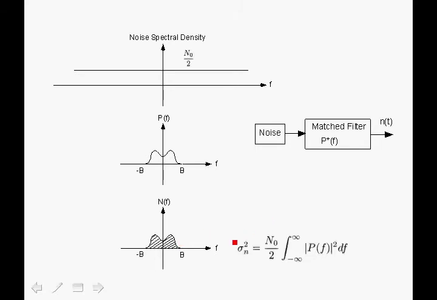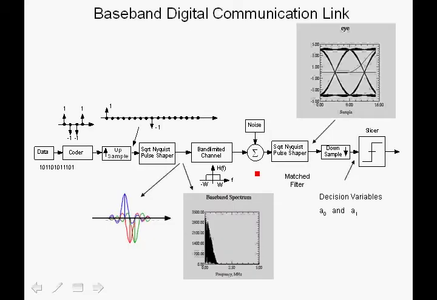It is important to be able to calculate the variance of the noise in order to compute the signal-to-noise ratio, because this is the noise that would be in the denominator in the computation of the signal-to-noise ratio at the decision point. Going back to our block diagram, we sample at the maximum eye opening, and when we have additive Gaussian noise, at the maximum opening we will have a signal-to-noise ratio between the signal power and the noise power at this sampling instance.